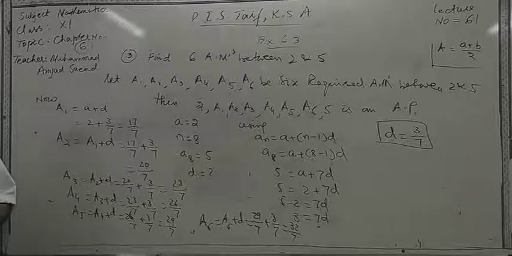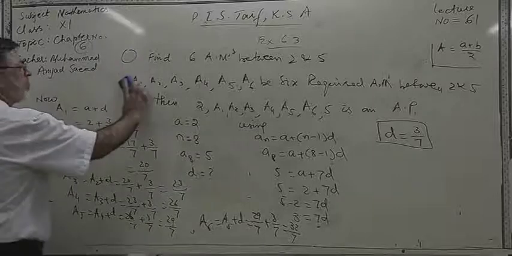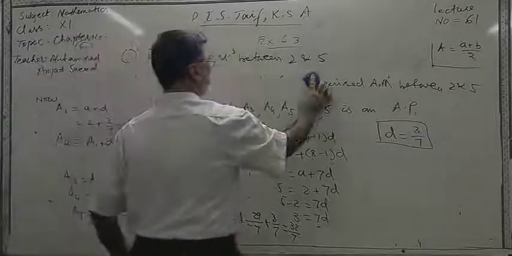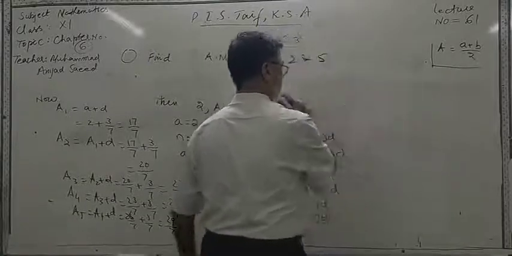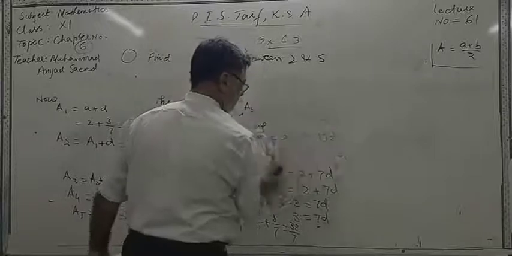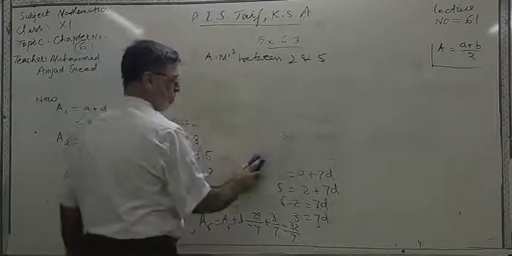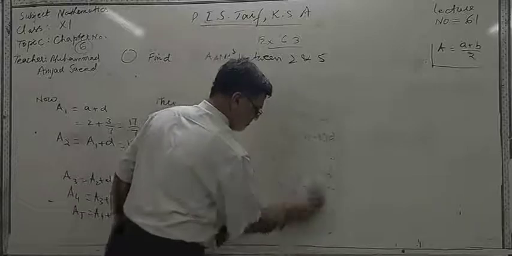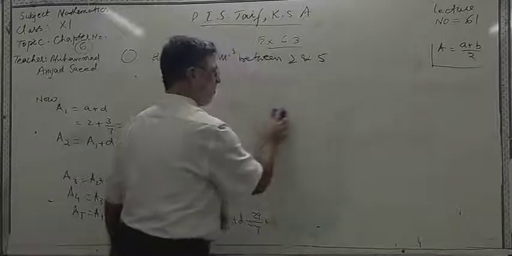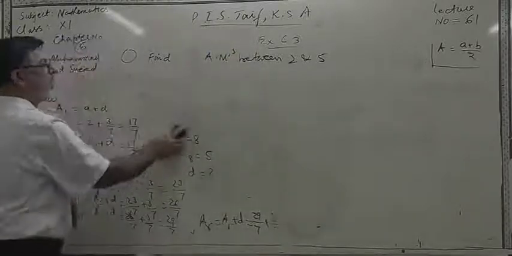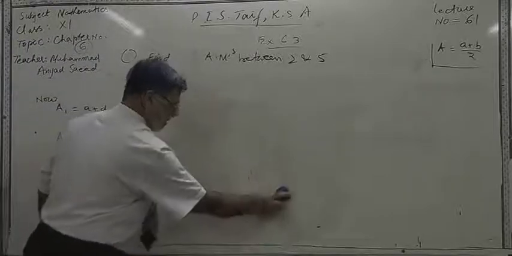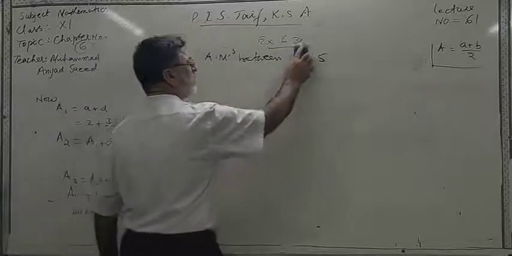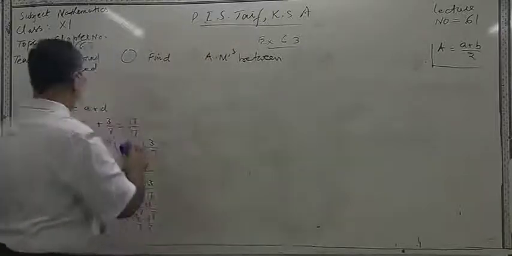After this, we have question number 4. Question number 4. Find 4 arithmetic means between root 2 and 12 over root 2.